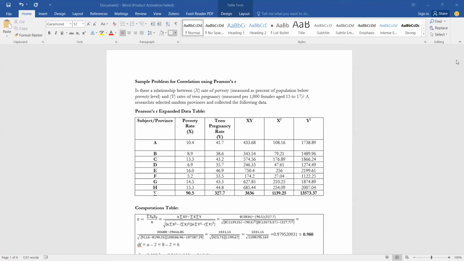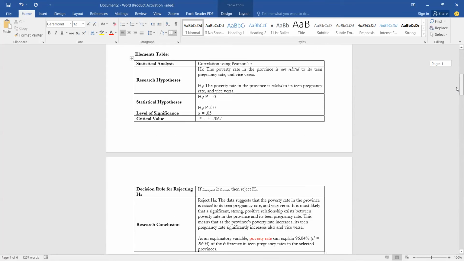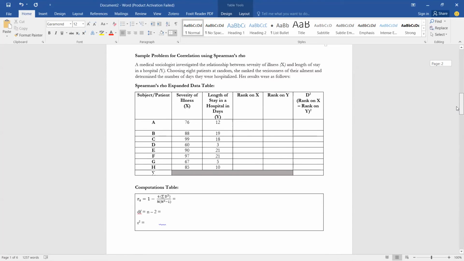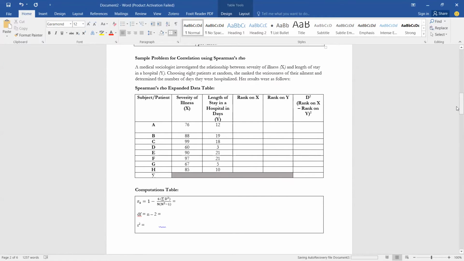Now let's try a sample problem on Spearman's rho, or Spearman's rank order coefficient. I believe the sample problem that I've shared with you has some wrong elements, so I will rectify that by providing you with this new updated version that has correct answers.